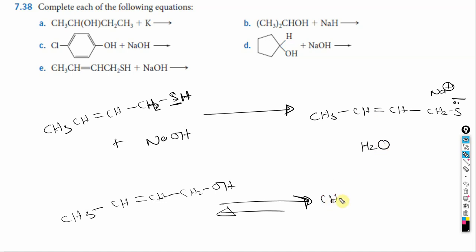So this is not a very stable anion. Therefore, water is going to be a stronger acid than the alkoxide, and it will push the equilibrium back towards the left, right? Therefore, this is not going to be a very efficient reaction to produce the anion.